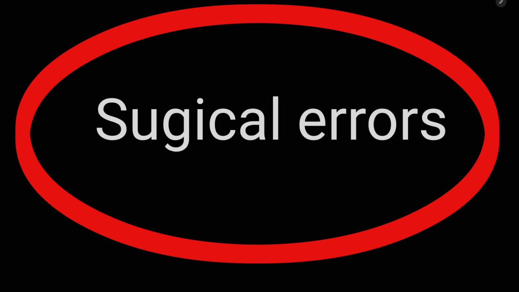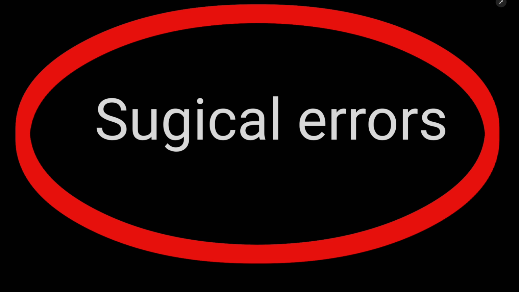Surgical errors can occur in any type of surgery, from minor procedures to major surgeries, and they can happen at any stage: before, during, or after the operation. While surgery is always associated with risk, an error that results in harm is not something a patient should have to endure. There are several types of surgical errors that can occur during a procedure.